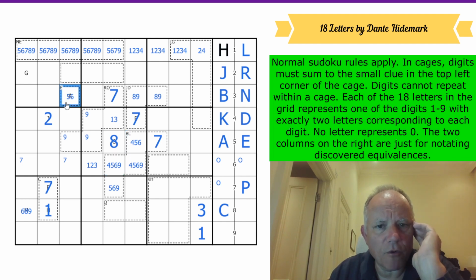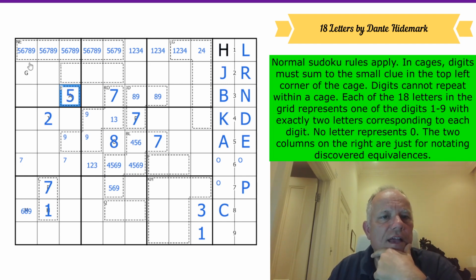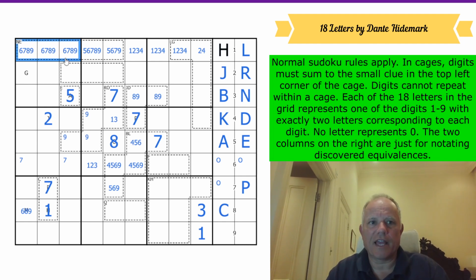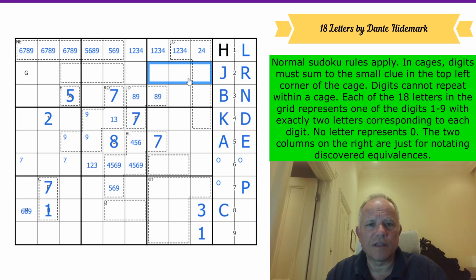Might be missing something. Oh, E, we know that's a 5. I haven't written that in yet. 5 there. So there's no 5 there, and there is a 5 in these two cells, where there's no 7 now. There must be a 7 in these two.